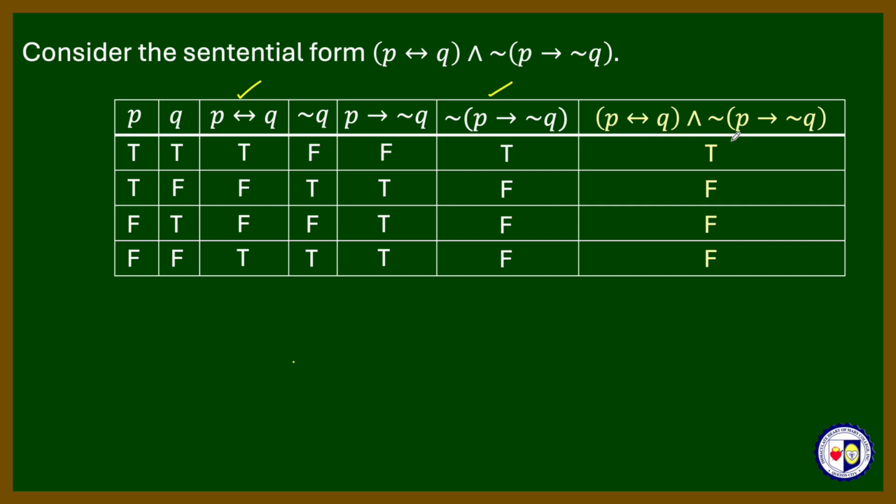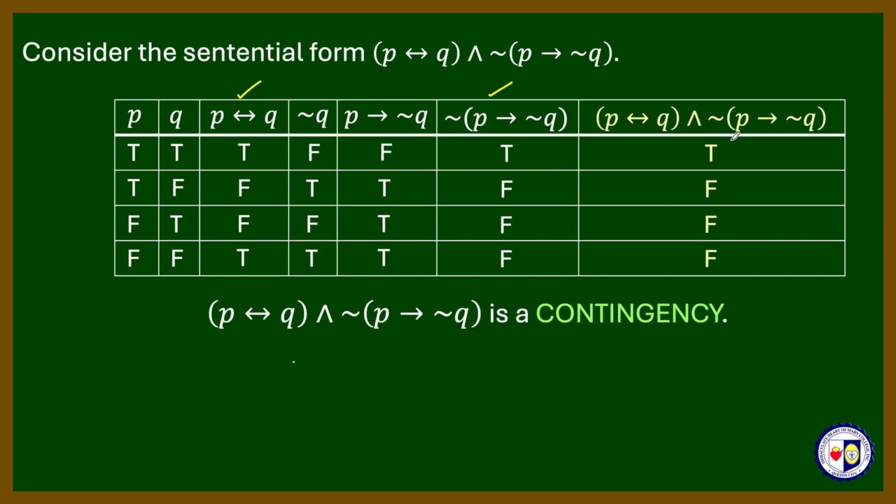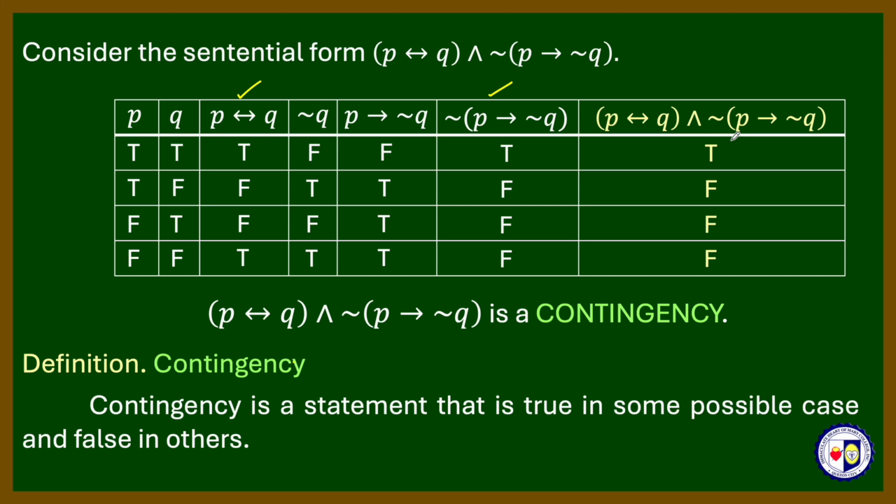We have 3 pieces of F and 1 piece of T. In that case, we can consider this as neither tautology nor contradiction, but we have to use the terminology contingency. So, a contingency is a statement that is true in some possible case and false in others.